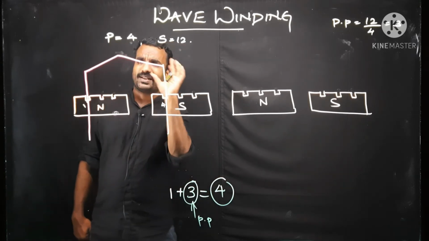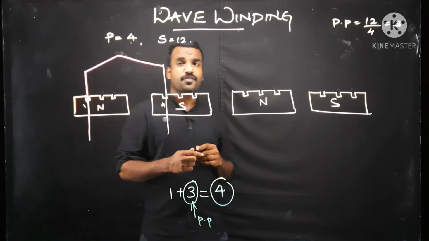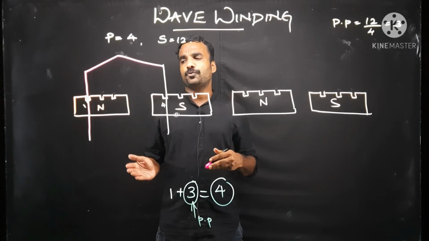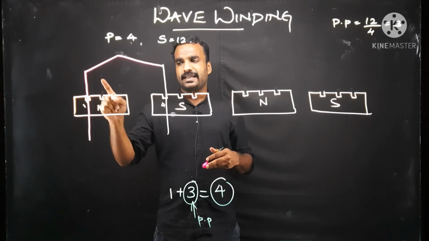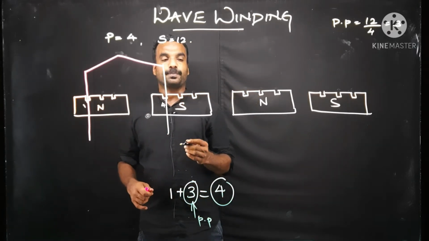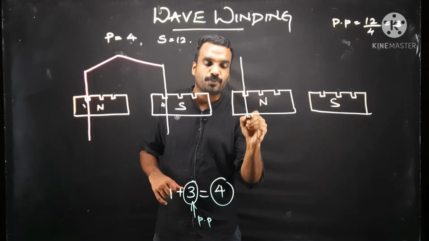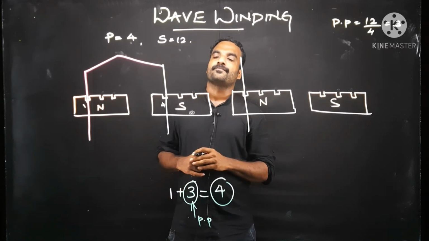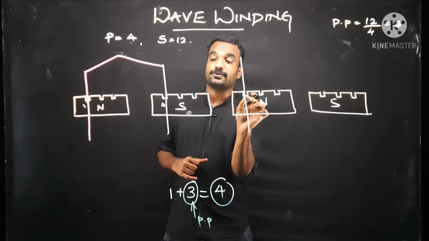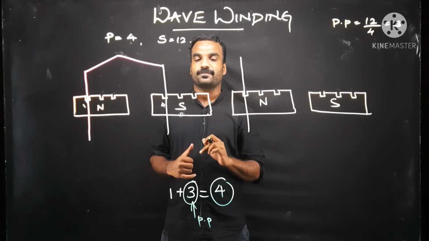So the first coil is over, starting end and finishing end. Now the question comes, where do you place the second coil? In the previous case of lap winding, you place the second coil in the same north pole. But in wave winding, you are going to place the second coil in the adjacent north pole, on the adjacent similar point, again on the first slot.